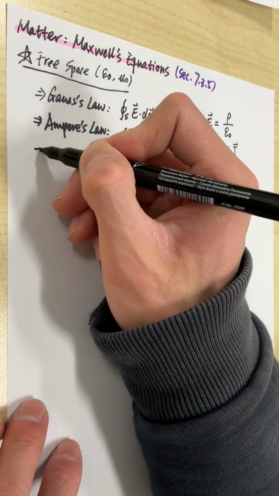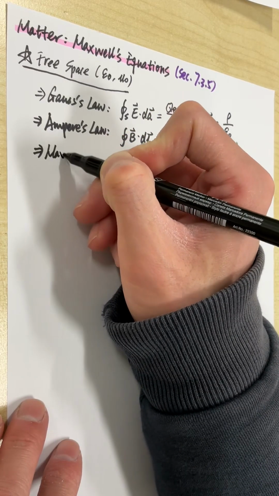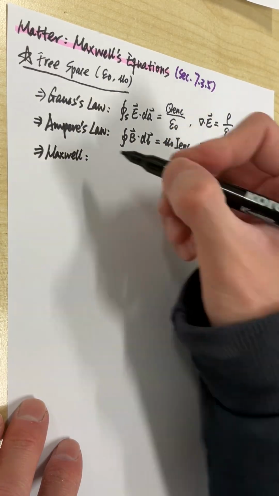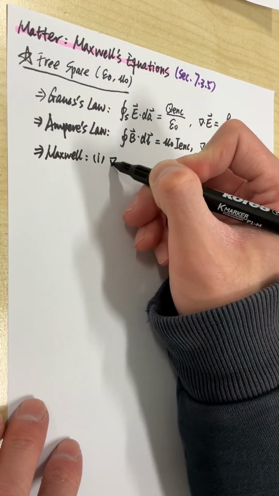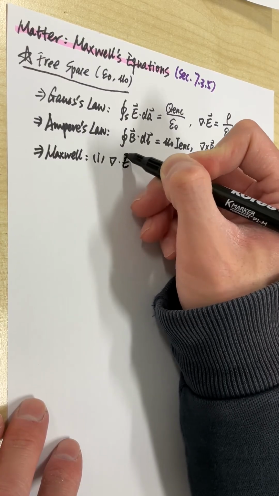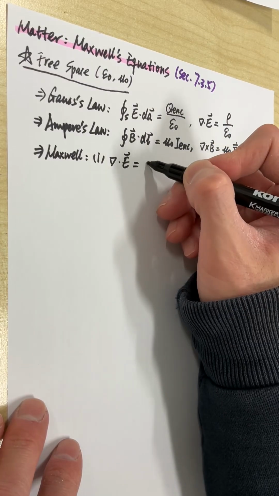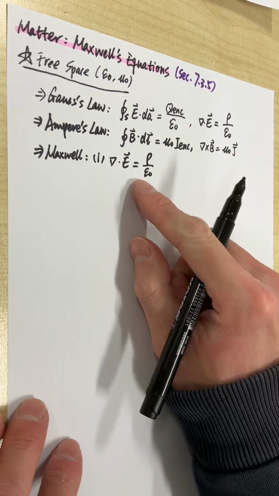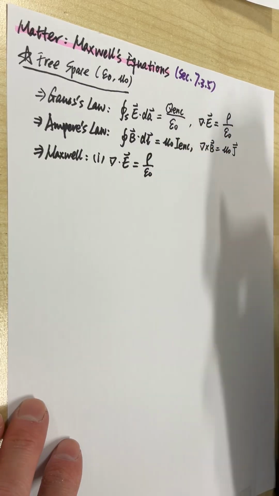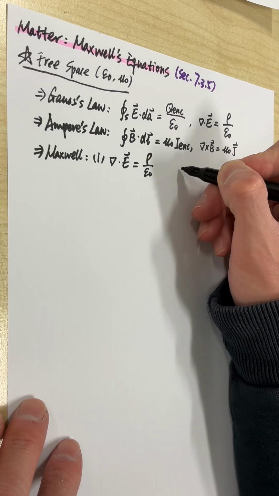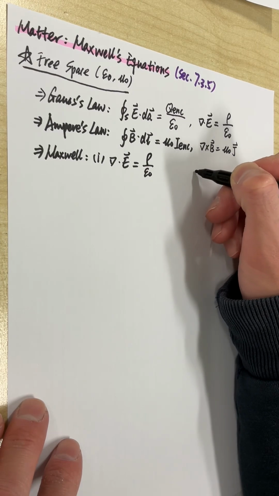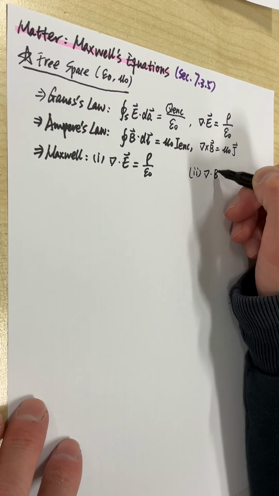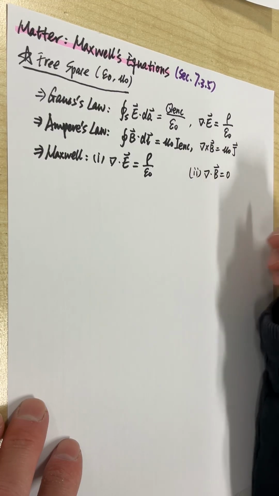So now the classic Maxwell's equations. First of all, the divergence of the electric field equals the charge density rho divided by epsilon 0. So Gauss's law gives us this. The second one is the divergence of the magnetic field equals 0.